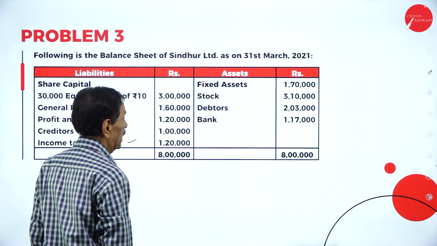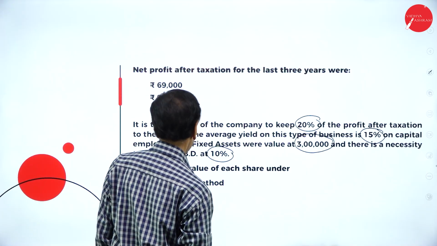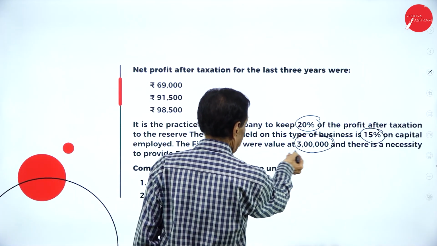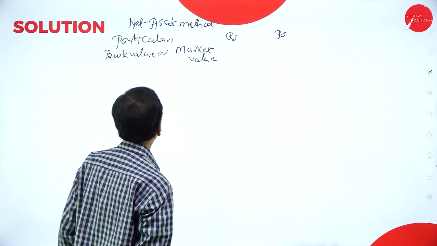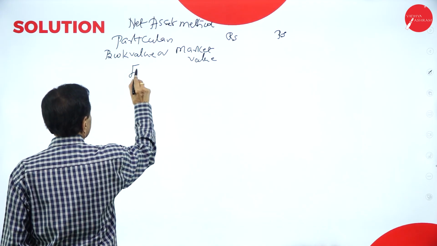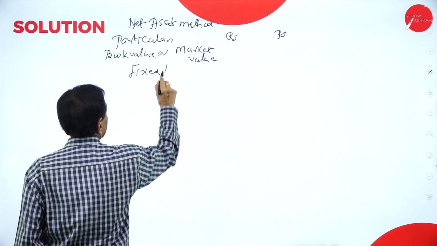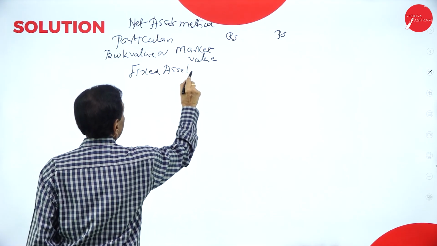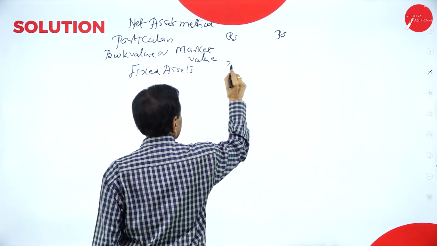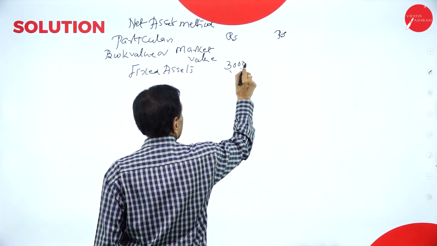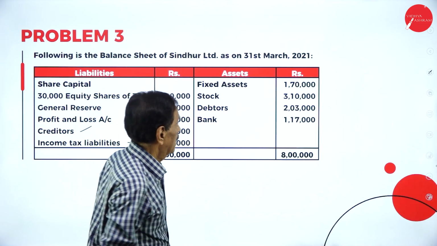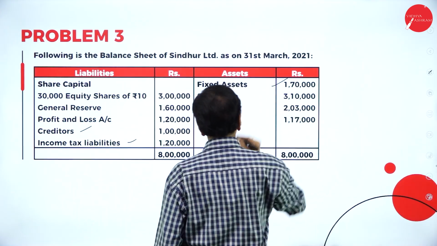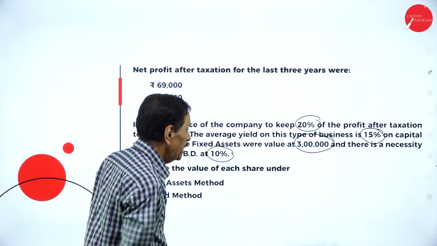Fixed asset 1,70,000. Any change? Fixed assets were revalued at 3 lakh. One change. What is the next one? Stock. See if there is any change.